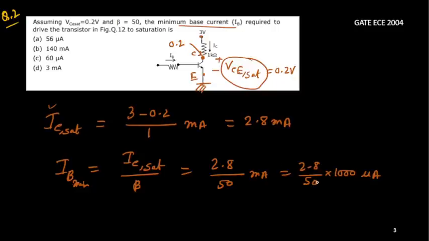So it is 200 into 2.8, which is 56 microampere. So answer A is correct one.